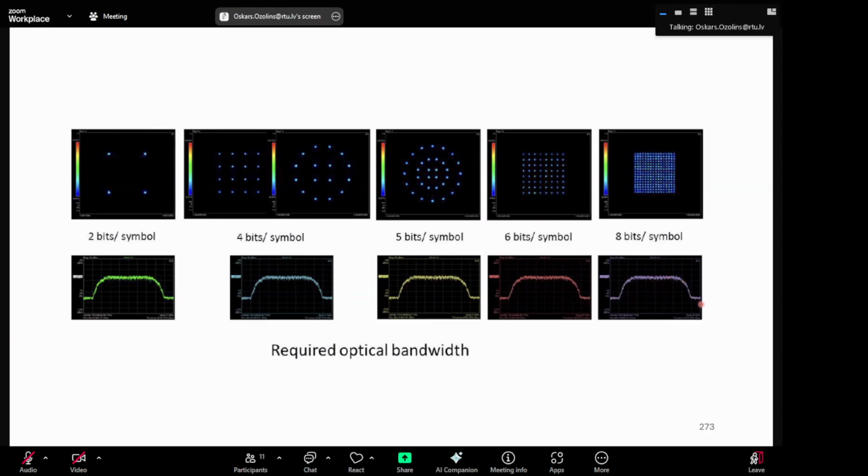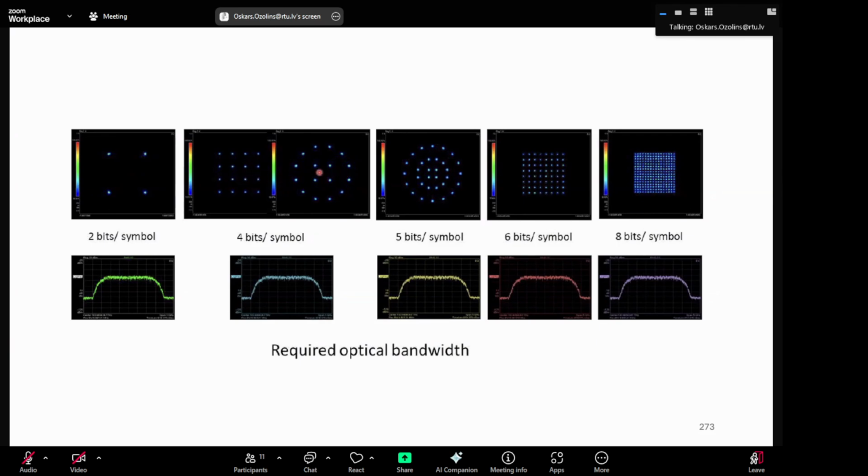I guess then some details like pulse shaping is used the same because that could change the shape of a spectrum. But here you see different examples of these constellation diagrams on complex plane, how they could look like when increasing number of bits per symbol. So most typically, what you will see is QPSK, 16 QAM.